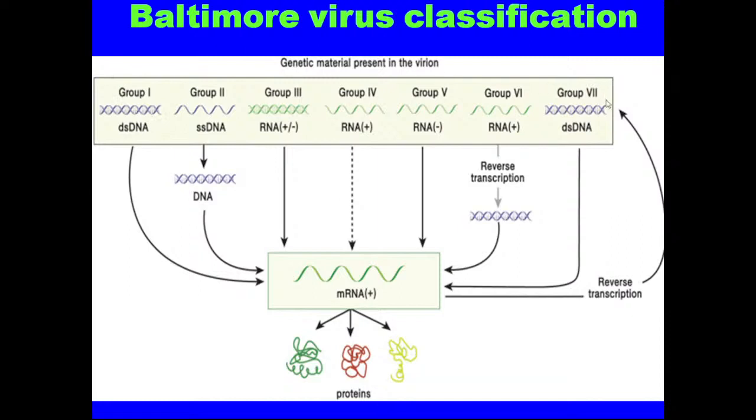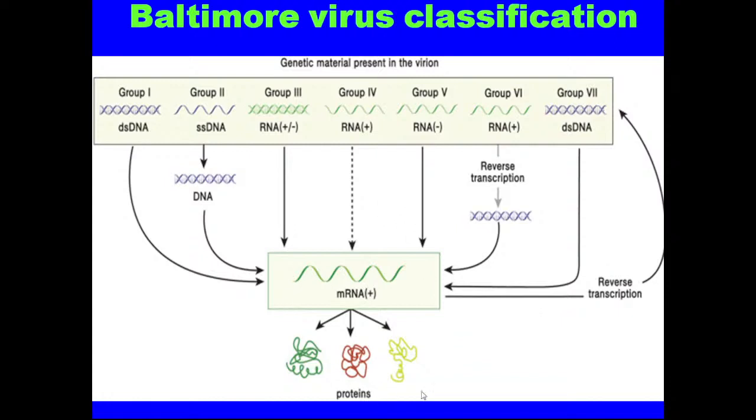Then, irrespective of how these viruses produce mRNA, finally mRNA will be sent to the ribosome to produce proteins by translation. That is the basic understanding of the expression of the genome.